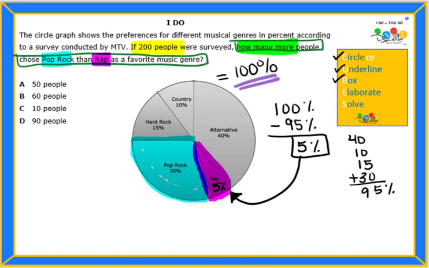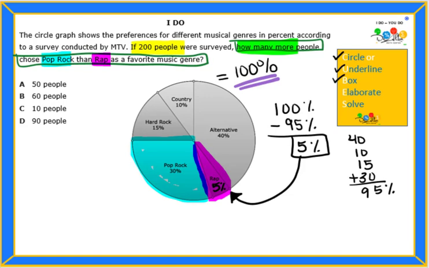Now let's take a look at the question one more time. It says, if 200 people were surveyed, how many more people will choose pop rock over rap? So how many more people? So here in this chart, we know that 30% chose pop rock and only 5% chose rap. So we want to know the difference between the two. How many more means find the difference.